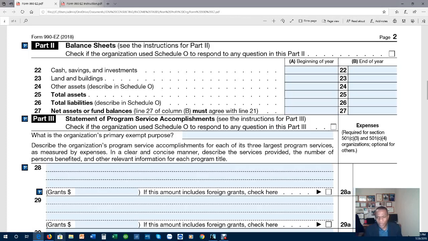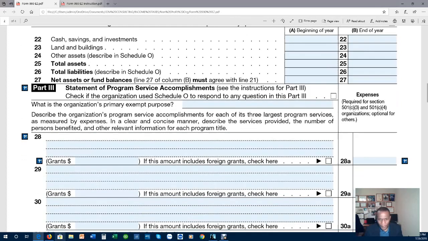If your organization is supporting a charitable cause, and it is one of the largest program services you have as measured by expenses, then you would indicate that.